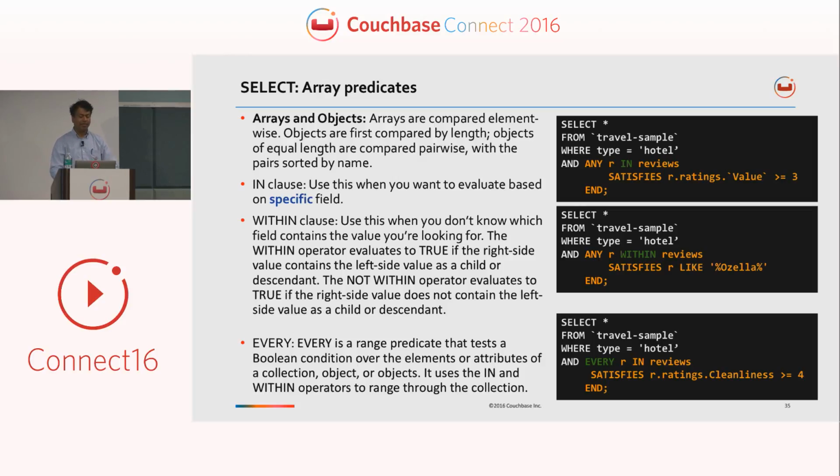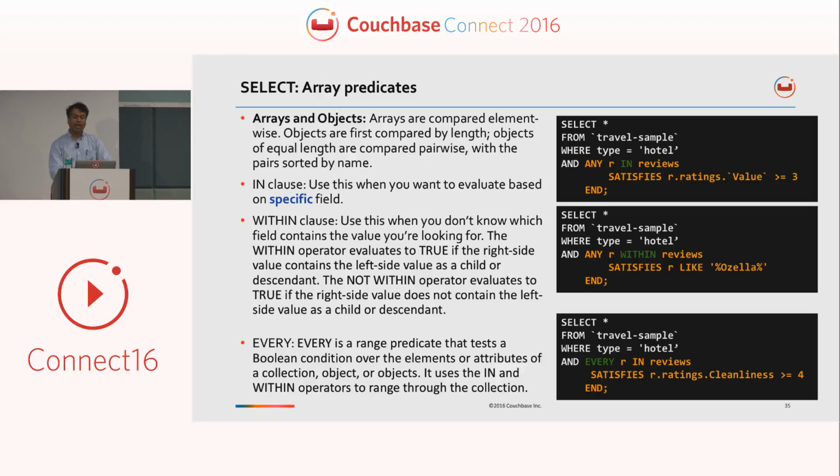Let's take the first example. In this case, any R in reviews, basically R is a variable that takes each value within reviews and loops over it, satisfies R dot ratings dot value is greater than or equal to 3.